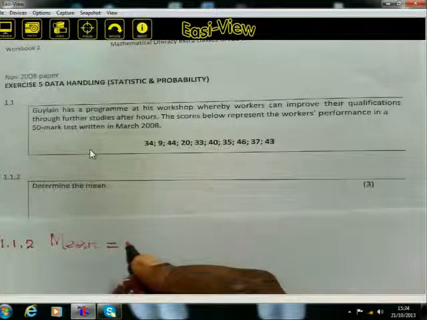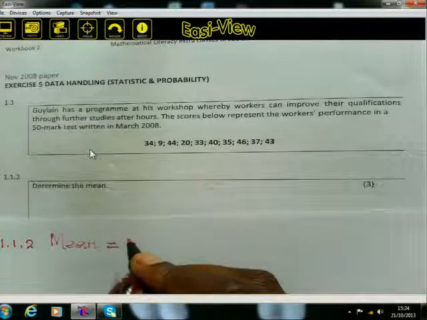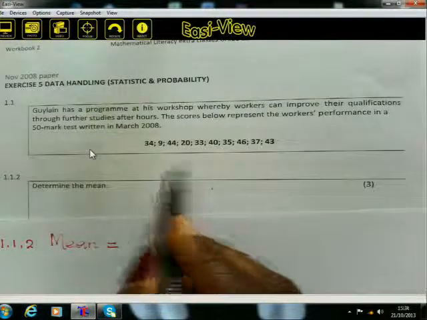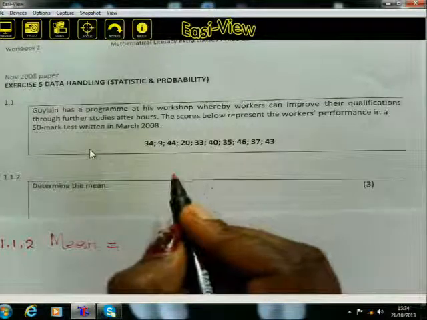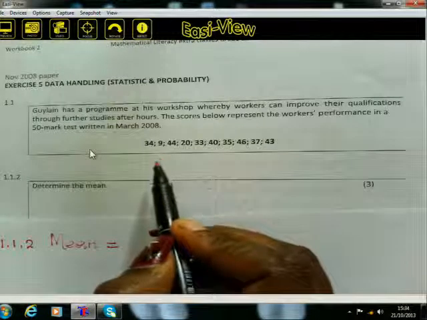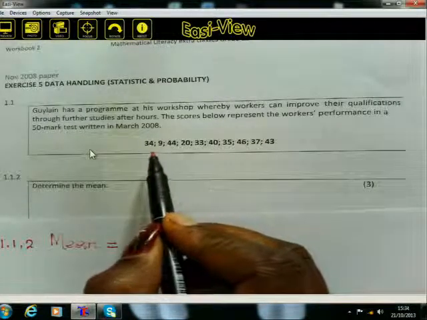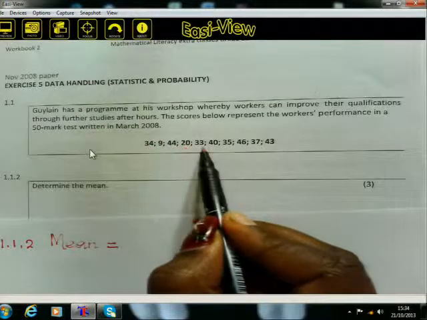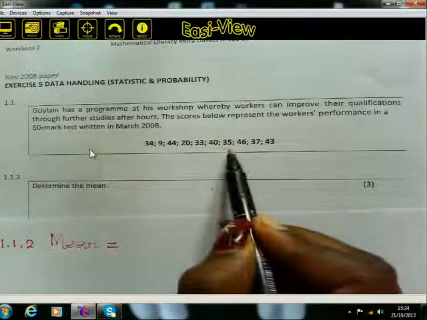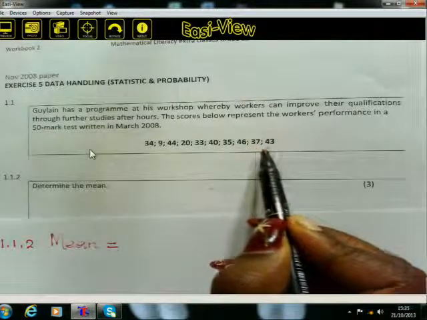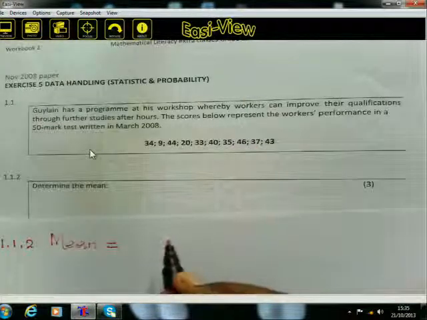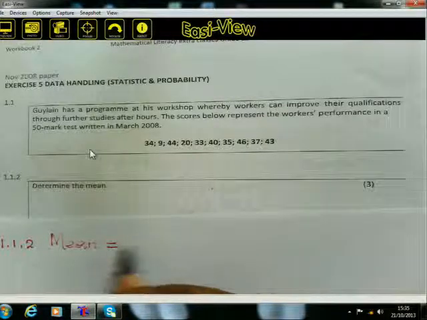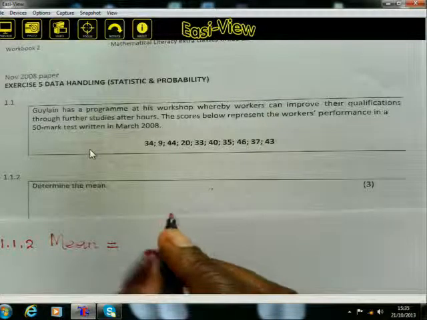First of all, as you write that data, check by counting how many values have been given to you. Count is 1, 2, 3, 4, 5, 6, 7, 8, 9, 10. You've got 10 numbers.